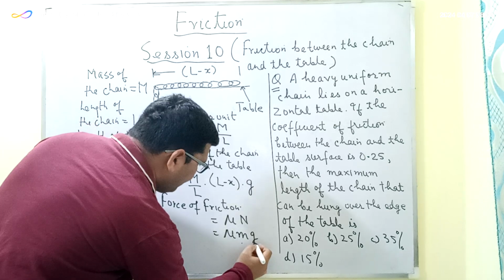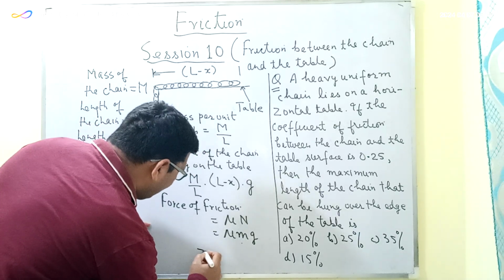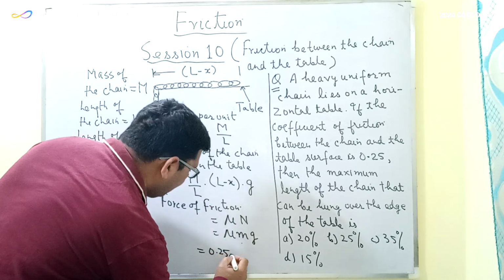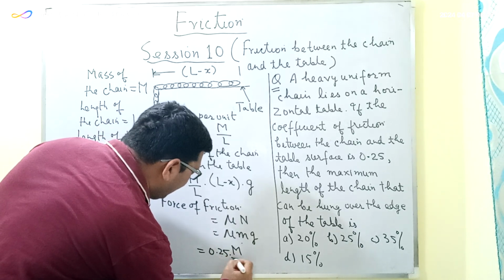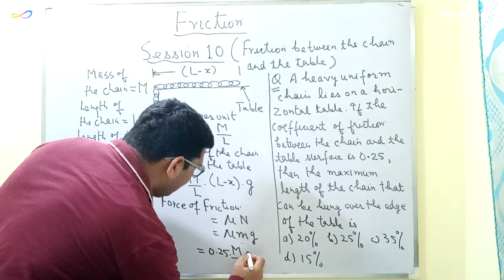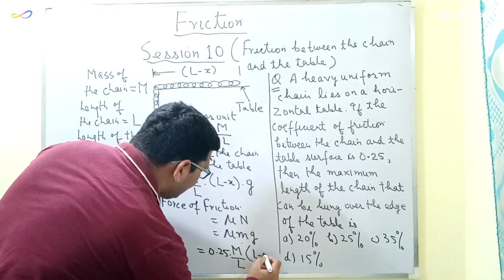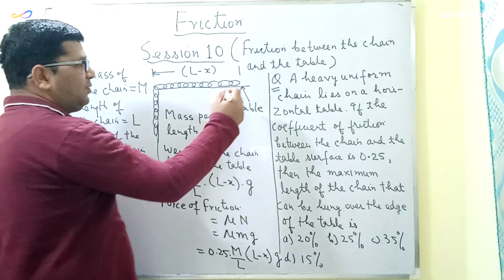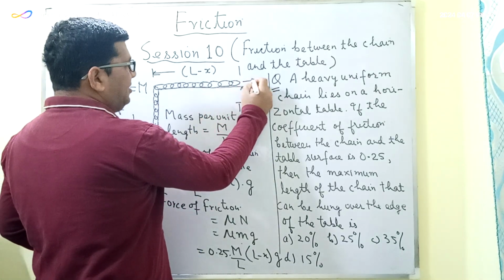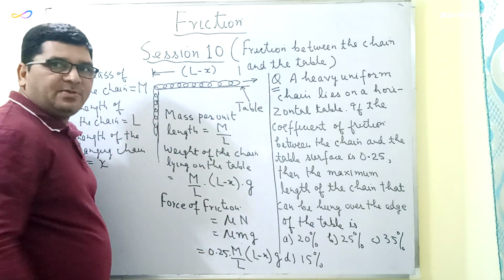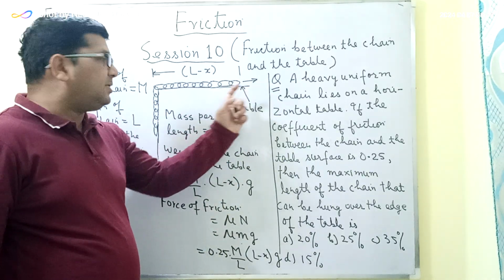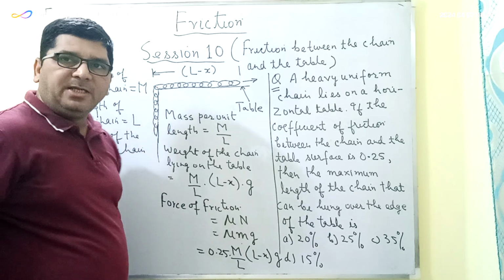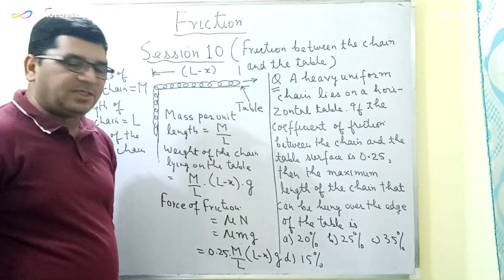So this force of friction will be equal to 0.25 into M upon L into (L minus X) into g. This force of friction will be acting in the backward direction as indicated by this arrow, and this force of friction will support the weight of this hanging part of the chain.